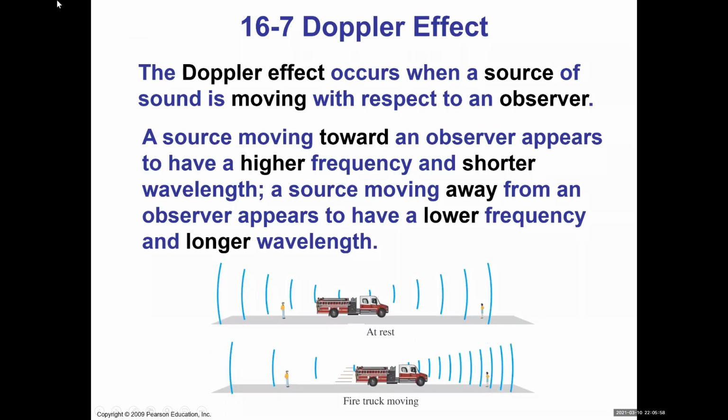All right, so the next concept that we have here is the Doppler effect, which happens when some kind of source is moving relative to an observer as it generates vibration.